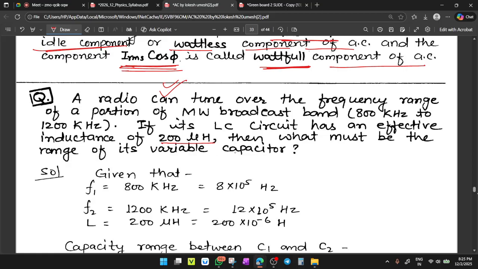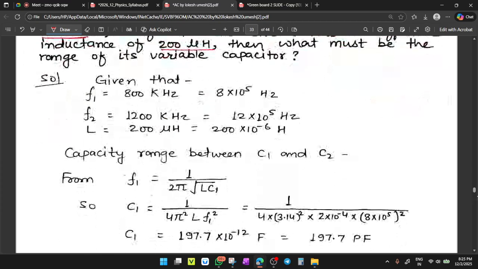So here the medium wave broadcast range is given as 800 kilohertz to 1200 kilohertz. The first operating frequency F1 is 800 kilohertz, and the maximum operating frequency is 1200 kilohertz. We have converted it into hertz, and L is given as 200 microhenry, that is 200 into 10 power minus 6 henry.